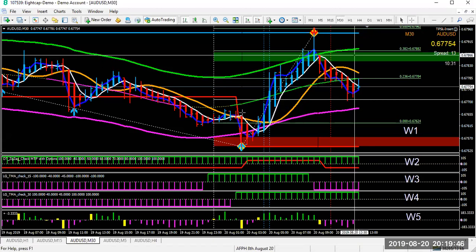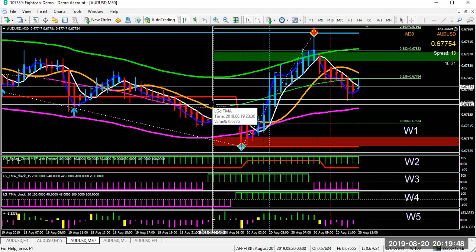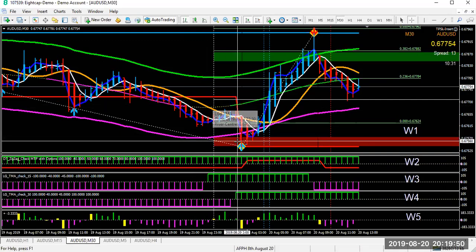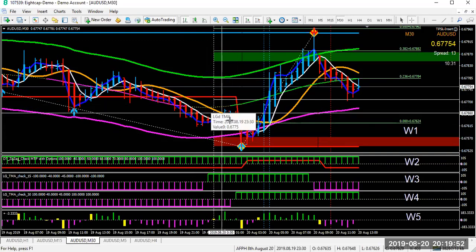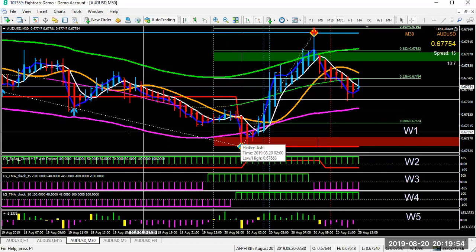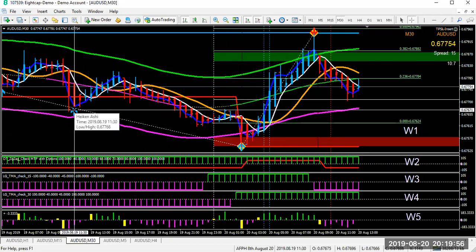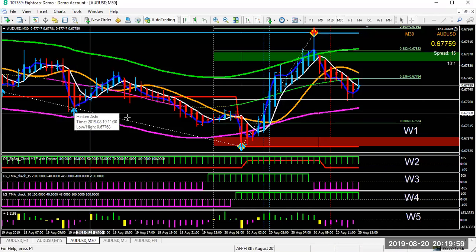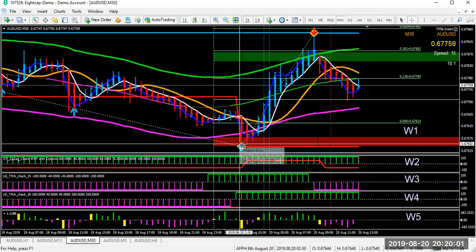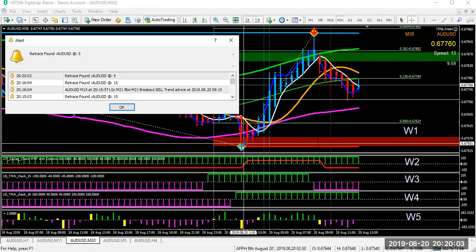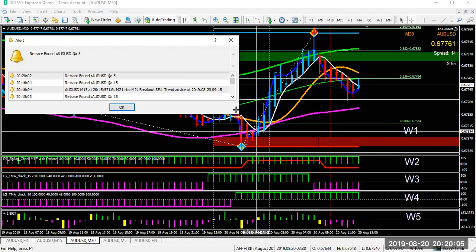So this morning, just the beginning of the day, price went to the jumping diamond from the previous day's low. It hit the support band.